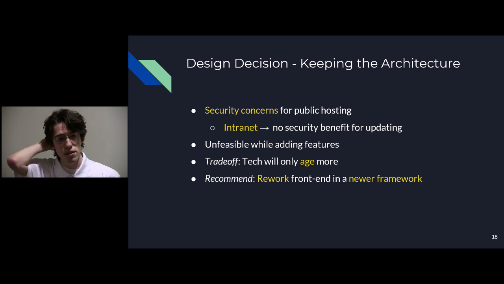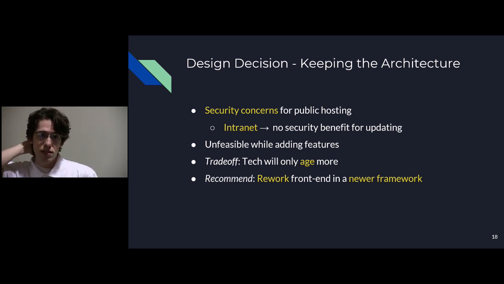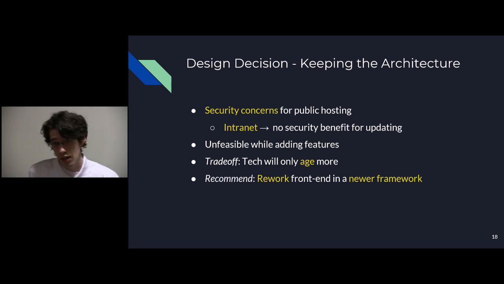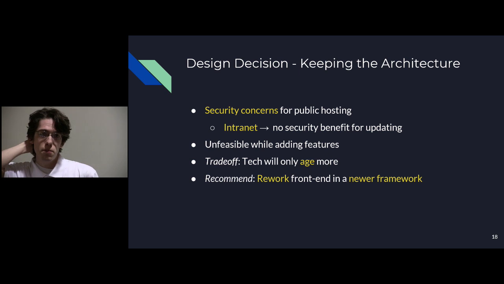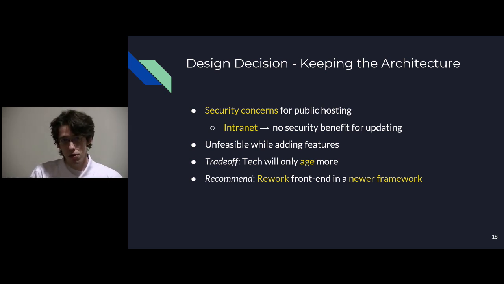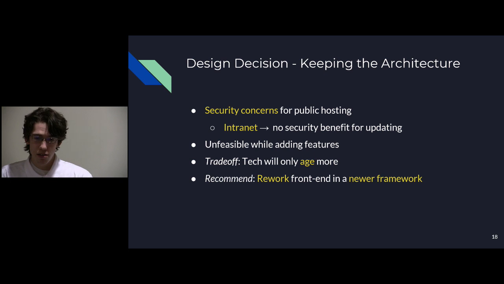The first of which was that because the application needs to be hosted on an intranet for security purposes, the security benefit to updating to newer technologies is reduced because there are fewer vectors of attack, because you need to be physically in the dojo to actually attack it.